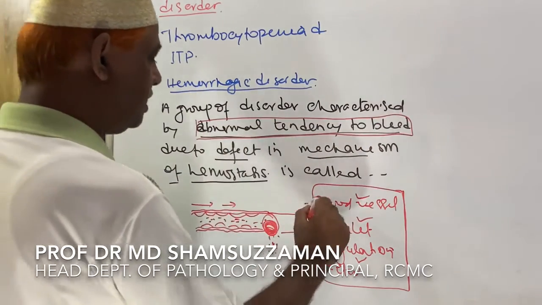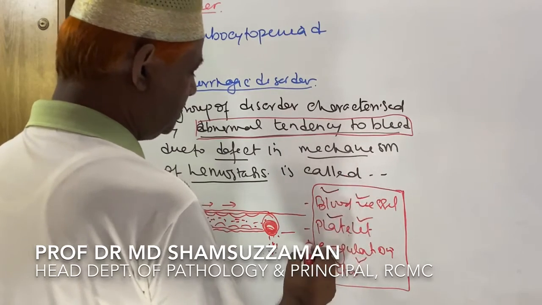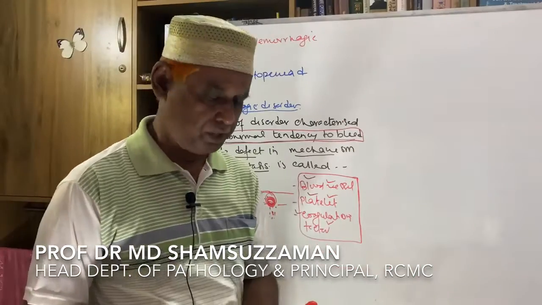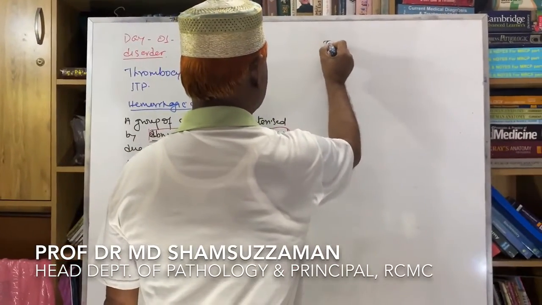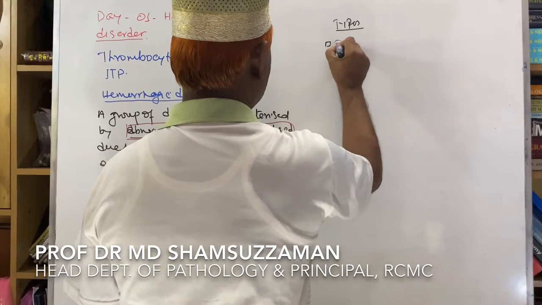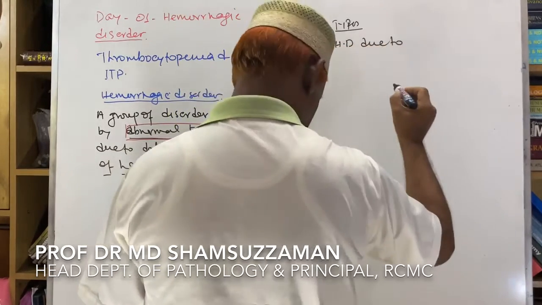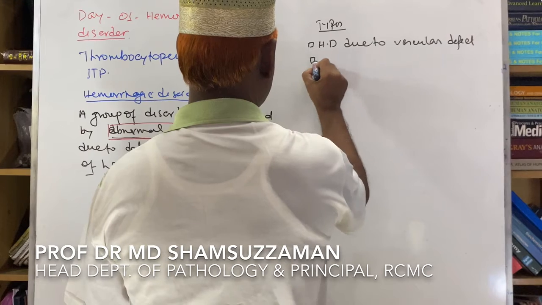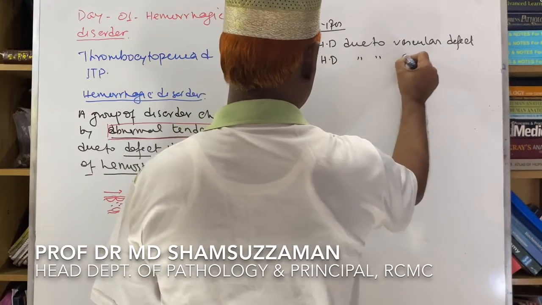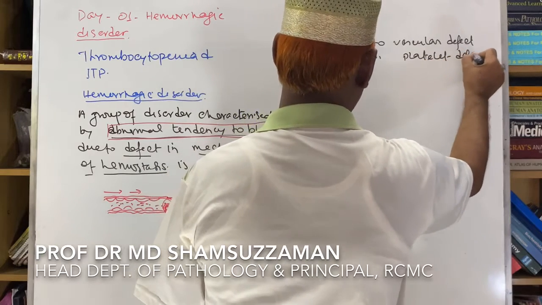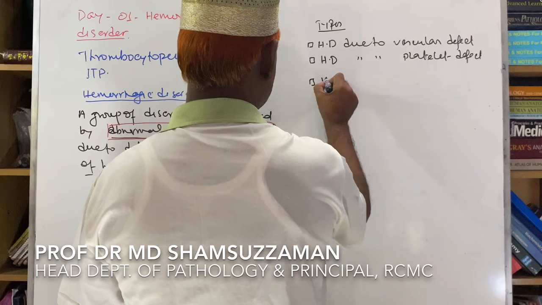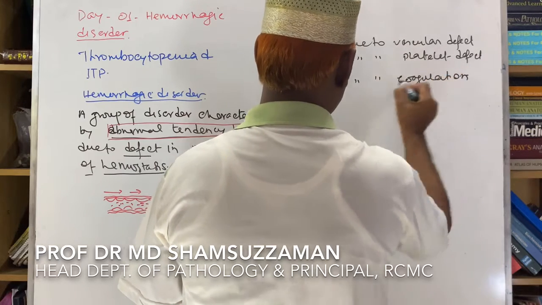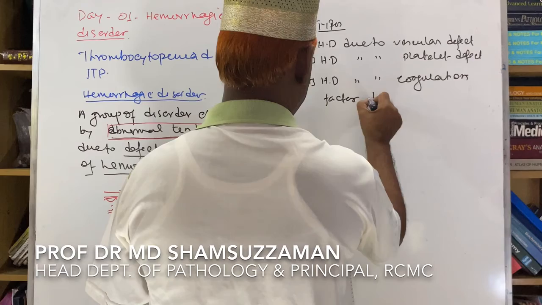We can classify hemorrhagic disorder into three types: one due to vascular defect, another due to platelet defect, and another due to coagulation factor deficiency.